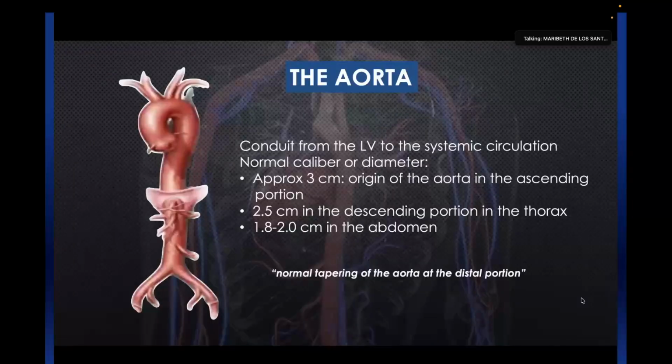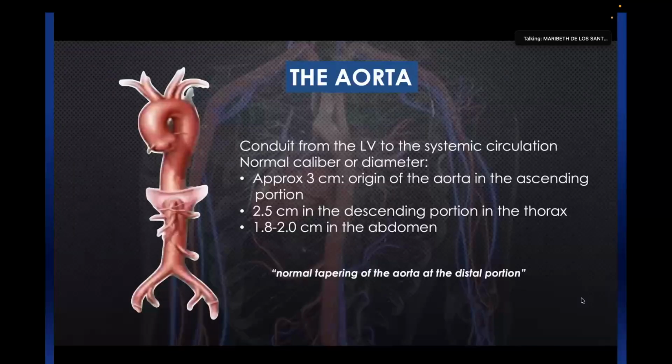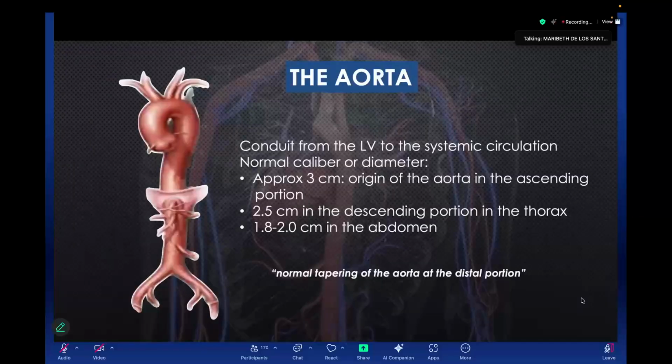In the descending portion in the thorax, you have 2.5 centimeters. And in the abdomen, it's 1.8 to 2 centimeters. So note the normal tapering of the distal portion of the aorta. No? 3, 2.5, 1.8 to 2.